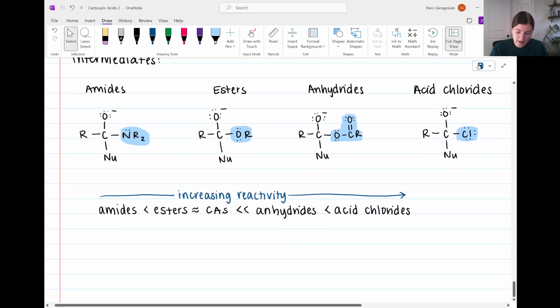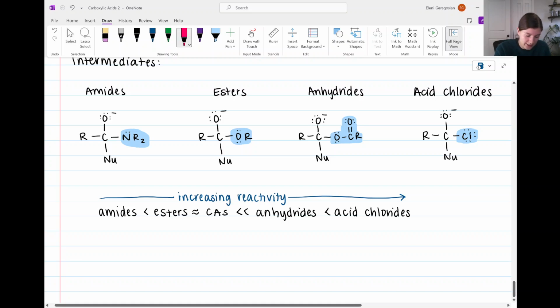From left to right, we also have increasing polar stabilization of the transition state.